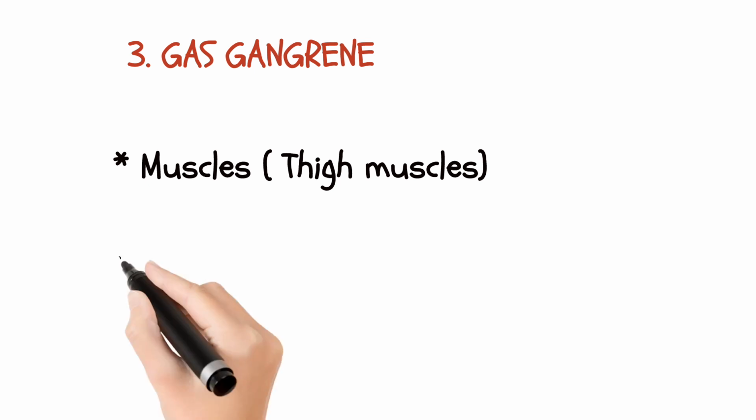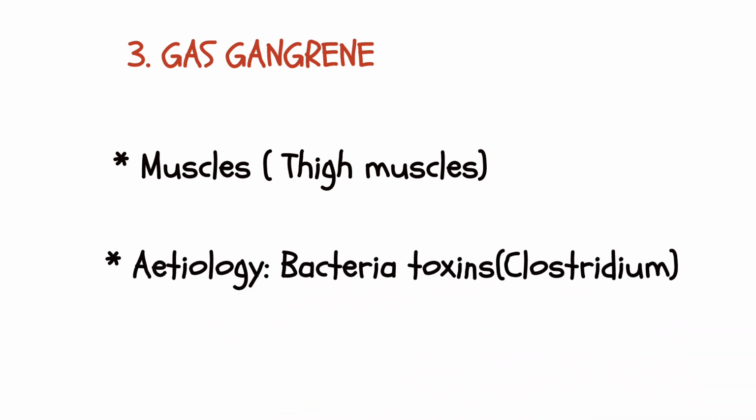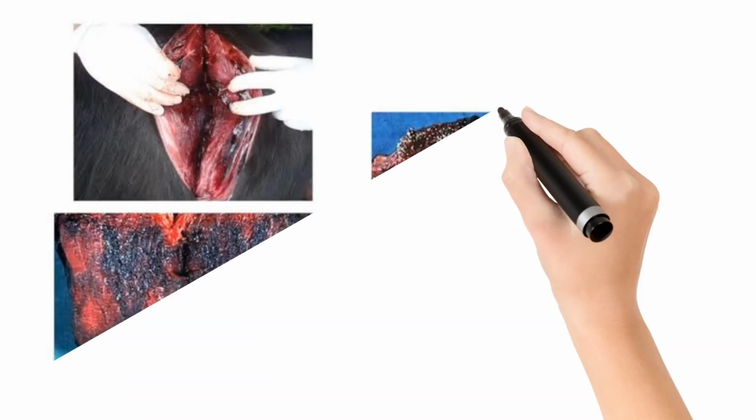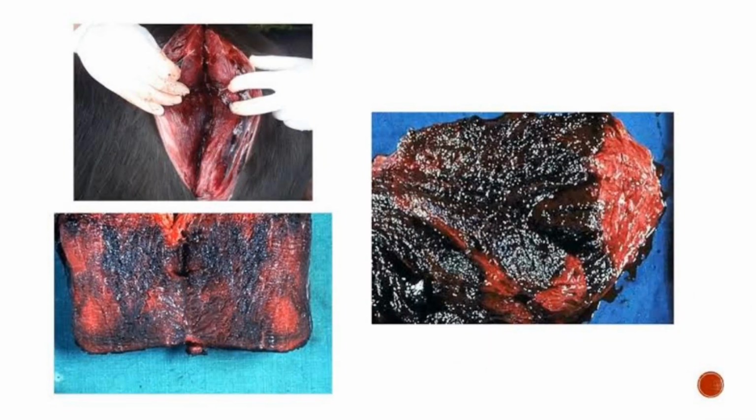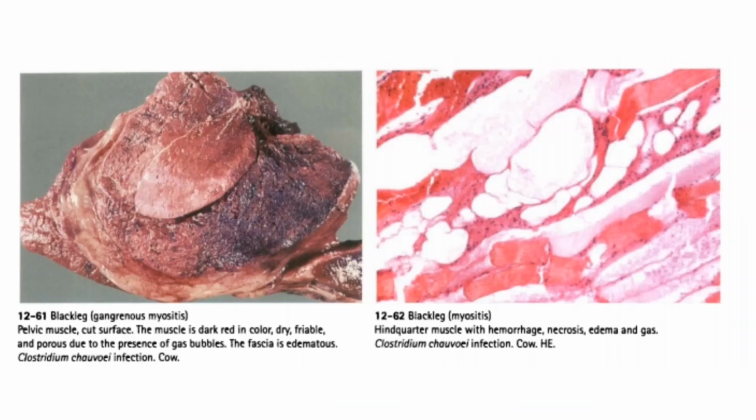And it is mainly caused by bacterial toxins. Grossly, the affected muscles are swollen and they are also black in color. And the presence of gas in the area will give a crepitating sound on palpation. Microscopically, there is necrosis of the muscles and also presence of the bacteria. So that's it for gangrene.